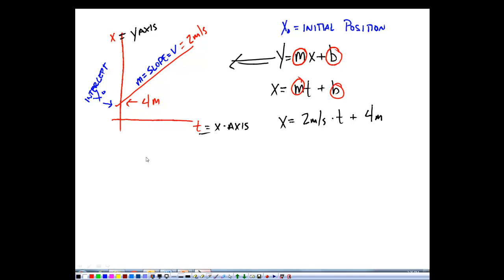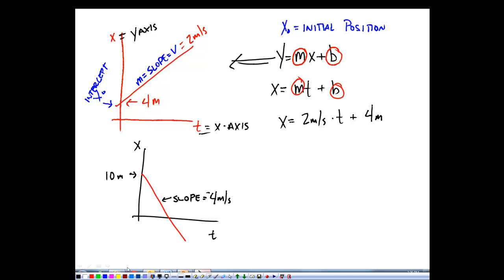Let's look at one more example of that. One that may not look as nice as that one. Let's say we have this. And again, this is position and this is time. So here we're going to say that the value there is 10 meters, and we're going to say that the slope equals 4 meters per second, and that's going to be negative.